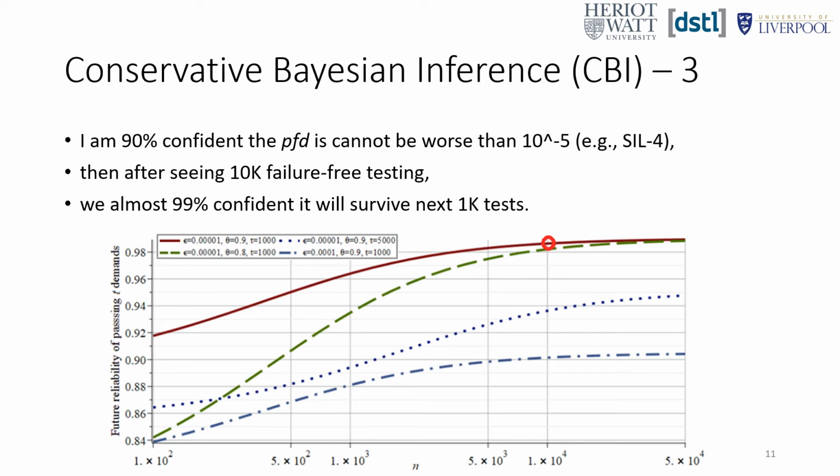The reason behind this could be I have developed this software strictly against safety integrity level 4, and based on some statistics that 90% of the software developed against SIL level 4 and passed the certification can achieve this level of reliability. Then after seeing some failure-free testing, like 10,000 tests, we can be almost 99% confident that our software will survive the next 1,000 tests.